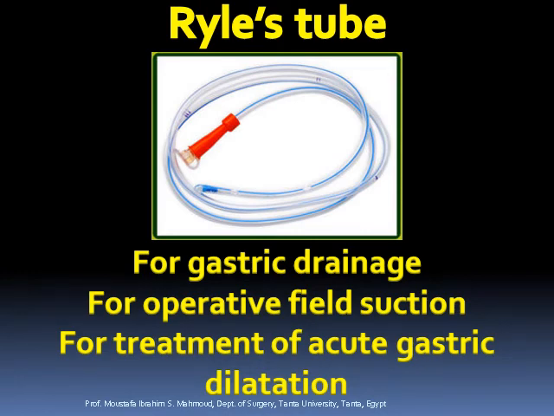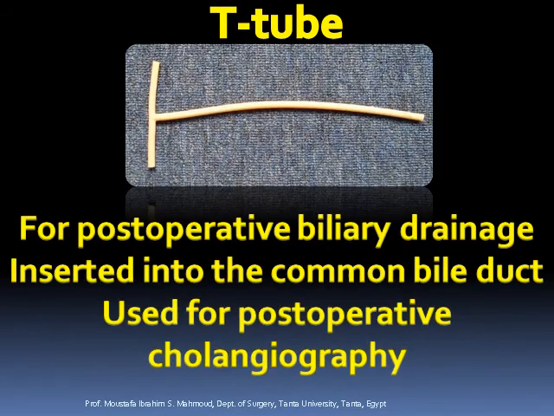Ryle's tube for gastric drainage, for operative field suction, for treatment of acute gastric dilatation. T-tube for postoperative biliary drainage. It is inserted into the common bile duct, used for postoperative cholangiography also.